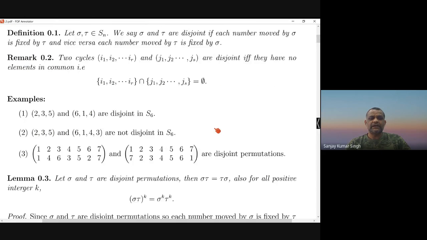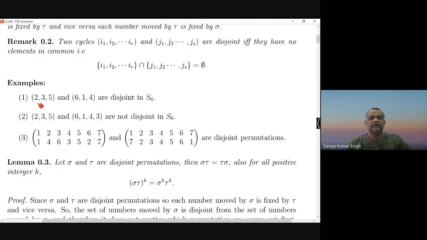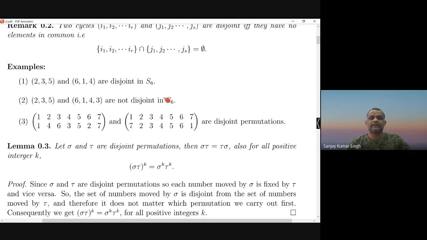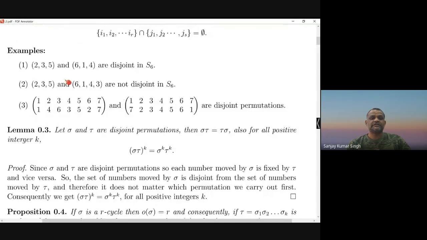For example, here you see this is a cycle and this is another cycle, and both are disjoint. Why? Because there is no common term in both cycles. Any element moved by this cycle is definitely fixed by the other. Similarly, this cycle moves only 2, 3 and 5, and all three numbers are fixed by the other cycle. So by definition, these are very simple examples of disjoint cycles.